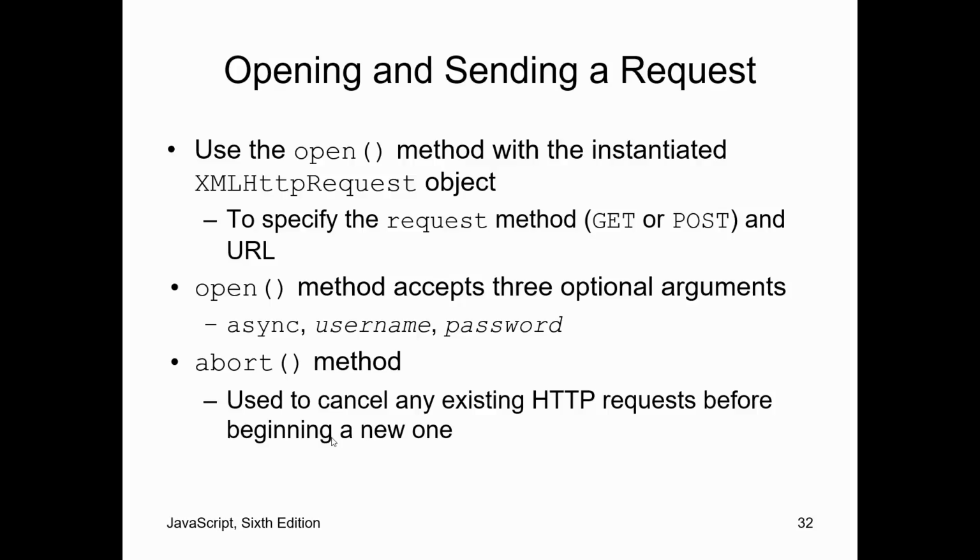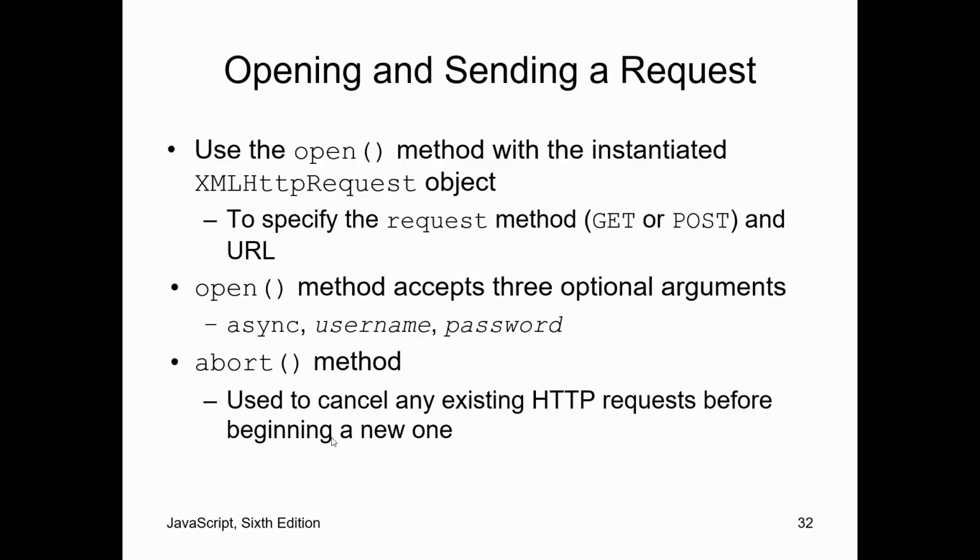Some of these methods that we looked at before: the open method can be used with the object. You can specify whether it's a get or a post. You can specify whether it's asynchronous or synchronous. In other words, can it be doing work, or does it have to send out a message and wait for a response? That's the async.